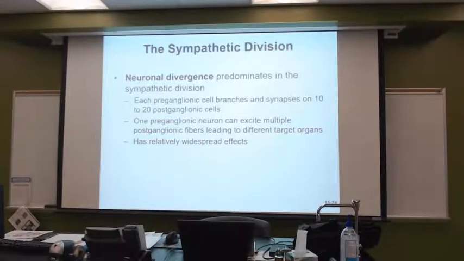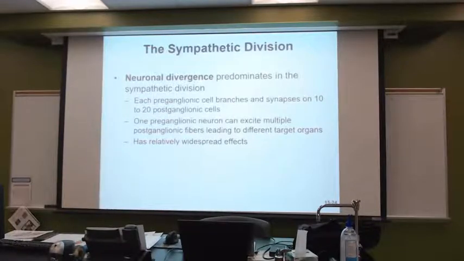This is my division that is going to get the body ready for fight or flight. So it is carrying a lot of information that one pre can go whoop, diverge, because what happens if you converge?